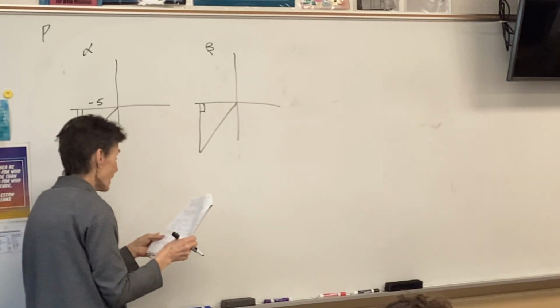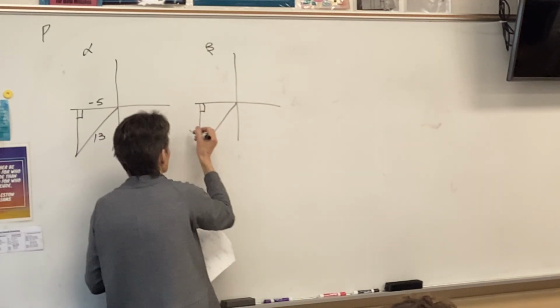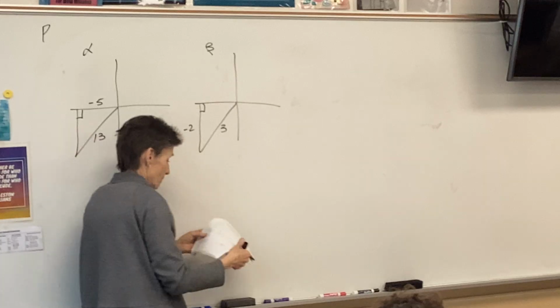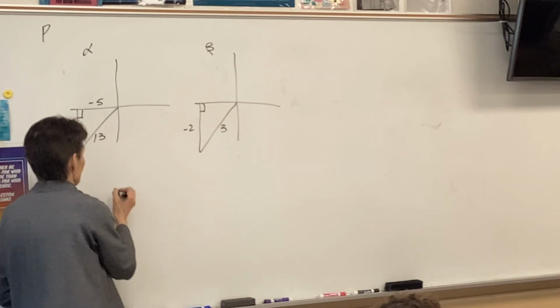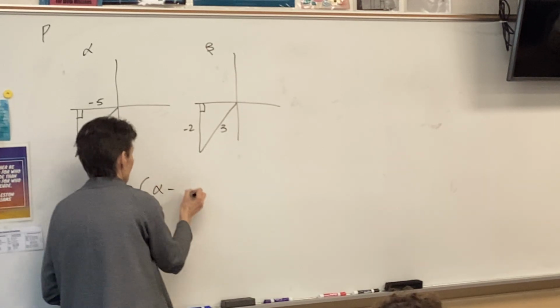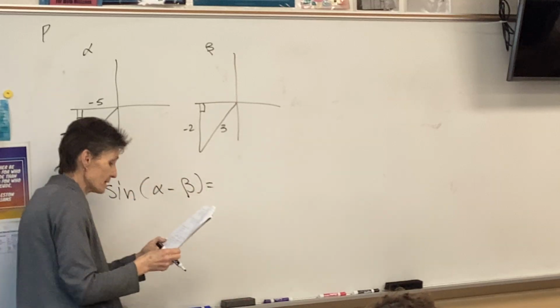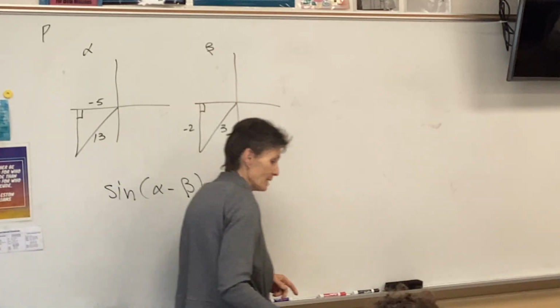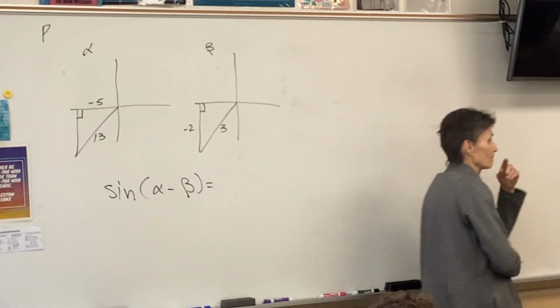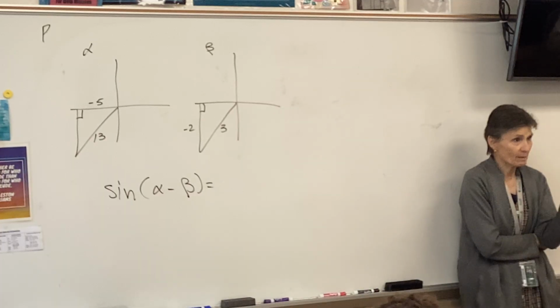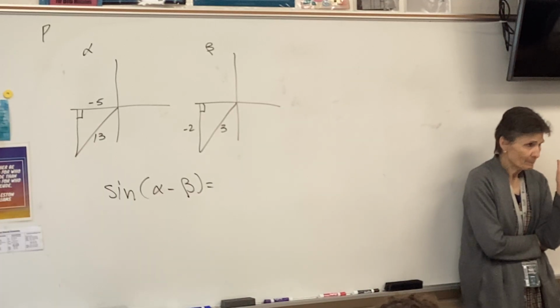And the sine of beta is negative 2/3. Find the sine of alpha minus beta. Now, is everybody okay with my setup here?